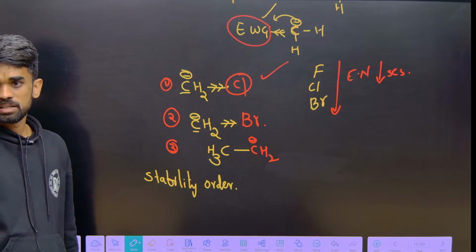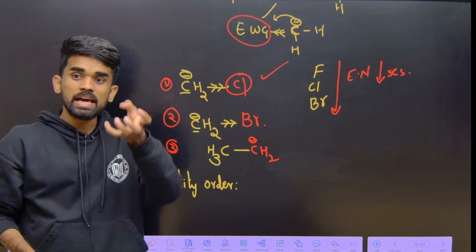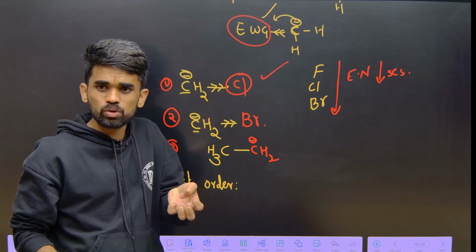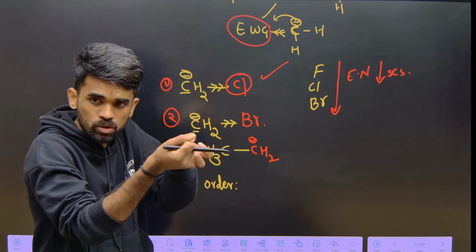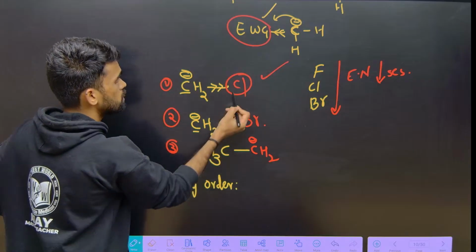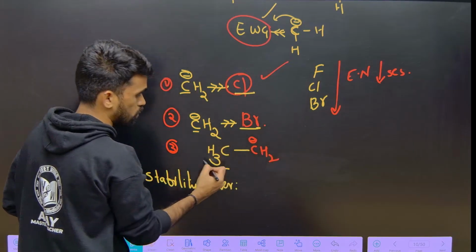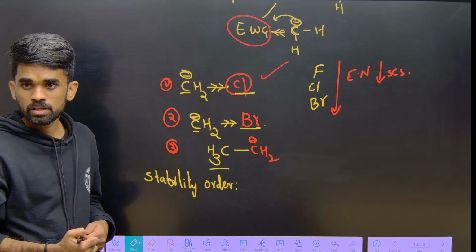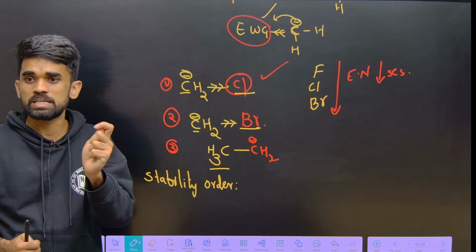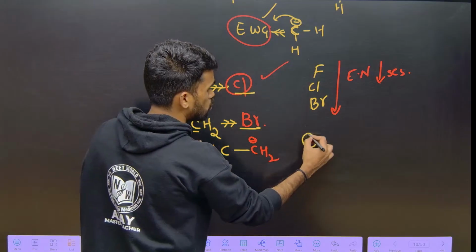What we require in order to stabilize a carbon anion is an electron withdrawing group, which is the group that drags the electrons towards itself. Who will drag more effectively? Chlorine is more electronegative, so it will drag the electrons towards itself more effectively. That is clear. So I can say one is more stable.